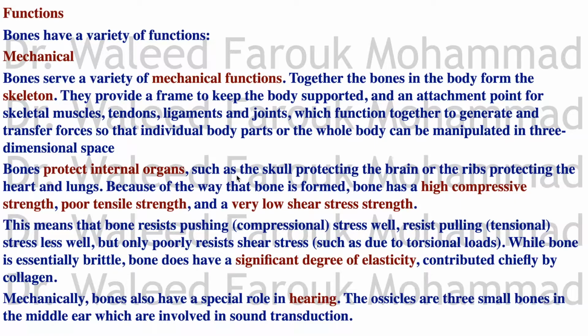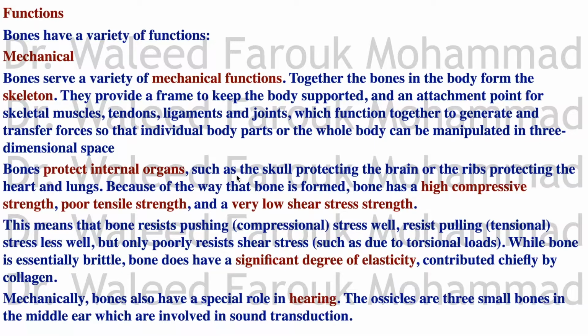Now, mechanically also, the bone has an essential role in hearing because of the bone ossicles, the malleus, the incus, and the stapes. They transmit sound vibrations from the eardrum to the oval window of the inner ear.